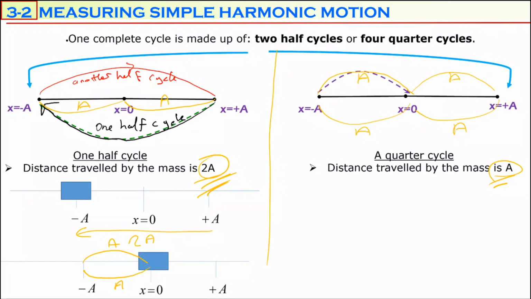Any questions about half cycle and quarter cycles? Teacher, why for the second one does displacement change? You mean quarter cycle? Yes. I didn't show it, but for example, from 0 to negative A, displacement is 1A, correct? But if the object starts from here, for example, A over 2, 1A over 2, so where is the object?